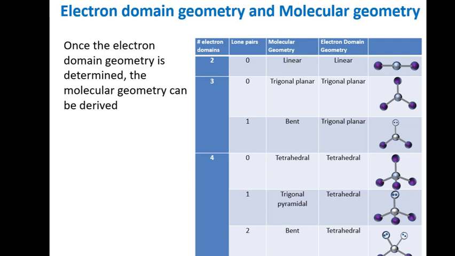So what could a question on an exam look like, because I know that's what interests you a lot? Say I give you ozone, the infamous O3, and we ask: what is the electron domain geometry, and what is the molecular geometry for ozone?